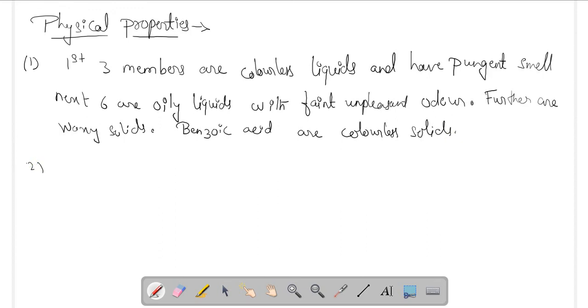Next is the solubility. As we know, from the name only we can see that they are acids. So the first four members are soluble in water.